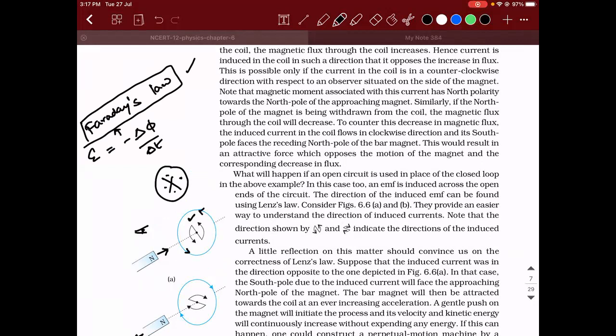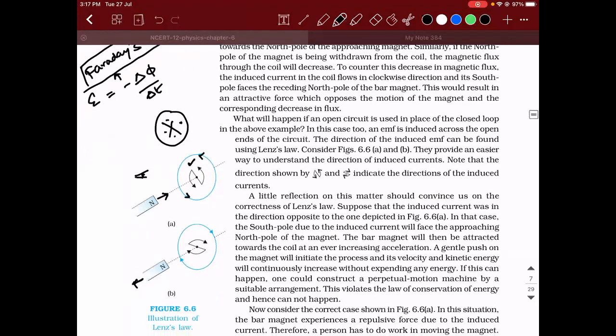One is EMF can be generated only if there is a change of magnetic flux with respect to time. That is the first point. And the second important point is the direction of induced EMF according to the Lenz law. So these are the two important points to be kept in your mind.